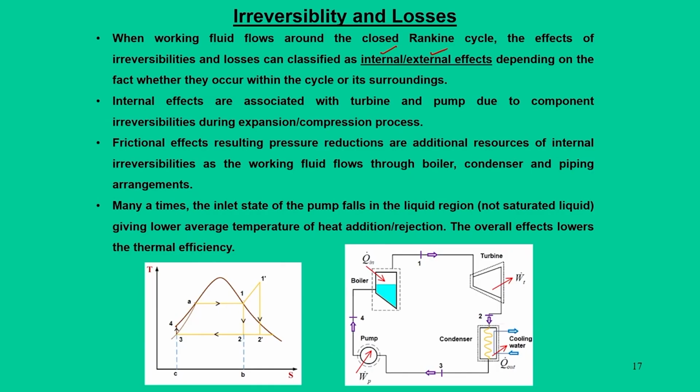But due to frictional effects and losses in the piping systems, there is a drop in pressure, and these are categorized as external effects. The tendency of these external effects is to drop the net power or net work output, and they also tend to drop the thermal efficiency.